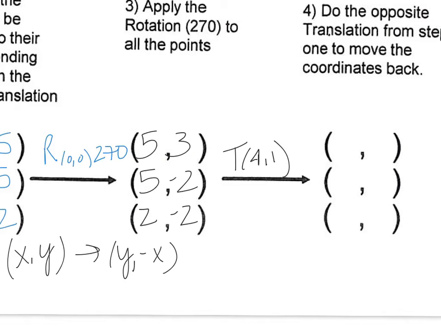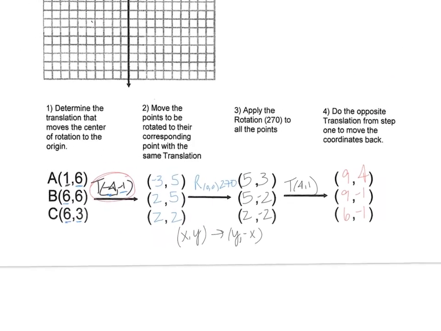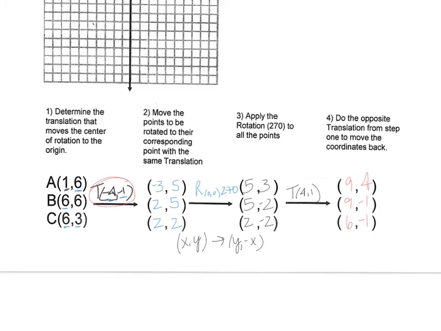And my new coordinates are going to be 9 comma 4, 9 comma negative 1, and 6 comma negative 1. So basically, I took all the steps. I determined the translation that moved the center of rotation to the origin. Then I translated the coordinates, applied the rotation, and then moved them back.